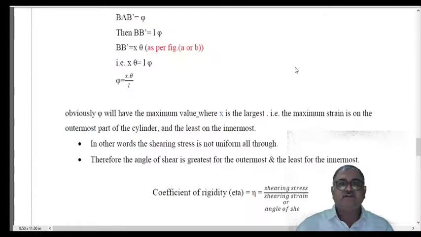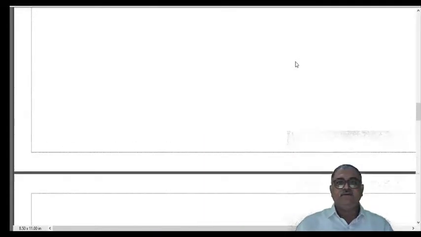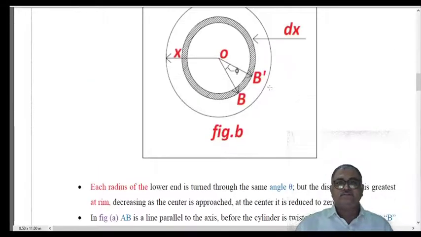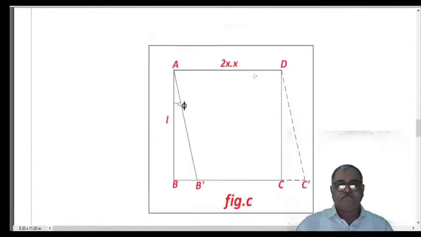See once again what is figure B. This is the figure, and force is applied in this direction. Due to which this point B takes the position BB dash.